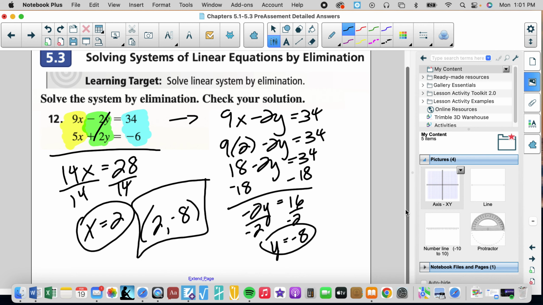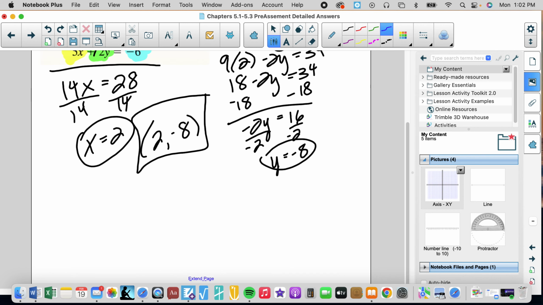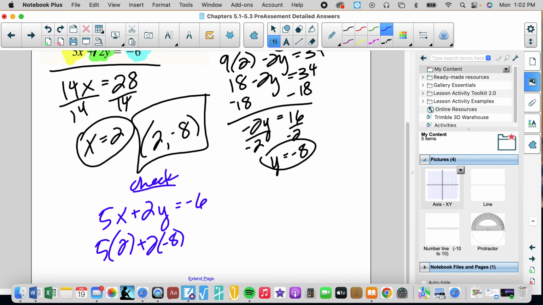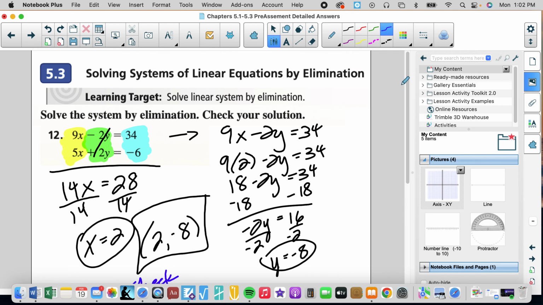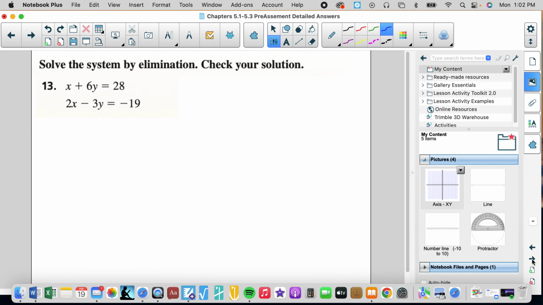Let's check my solution. I'm going to check with the other equation, 5x plus 2y equals negative 6, I think it was. This is my checking. I'm plugging in 2 for x, negative 8 for y, making sure that when I simplify the left side, I get the right side. I'm not moving, I'm simplifying the left side, simplifying the right side. So that worked.